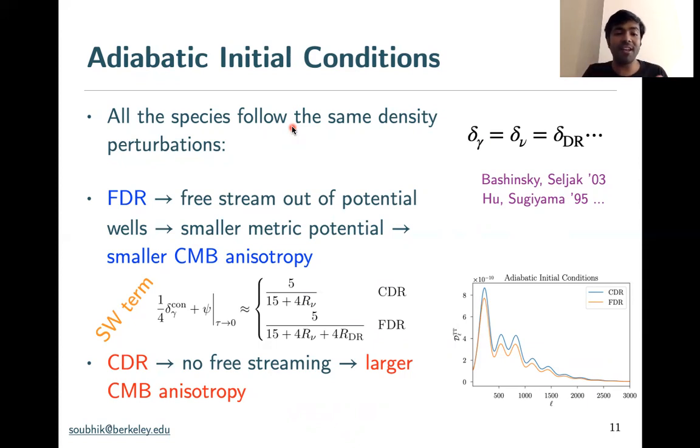On the other hand, for CDR, this free streaming effect is no longer there, and thereby they can source larger metric potentials, and correspondingly, you get larger CMB anisotropies as well. This, of course, you can compute by computing a Sachs-Wolfe-like term and the initial condition of it, and then you indeed see that turning on some free streaming dark radiation decreases the anisotropy. And of course, that's also what is shown in the plot on the right.